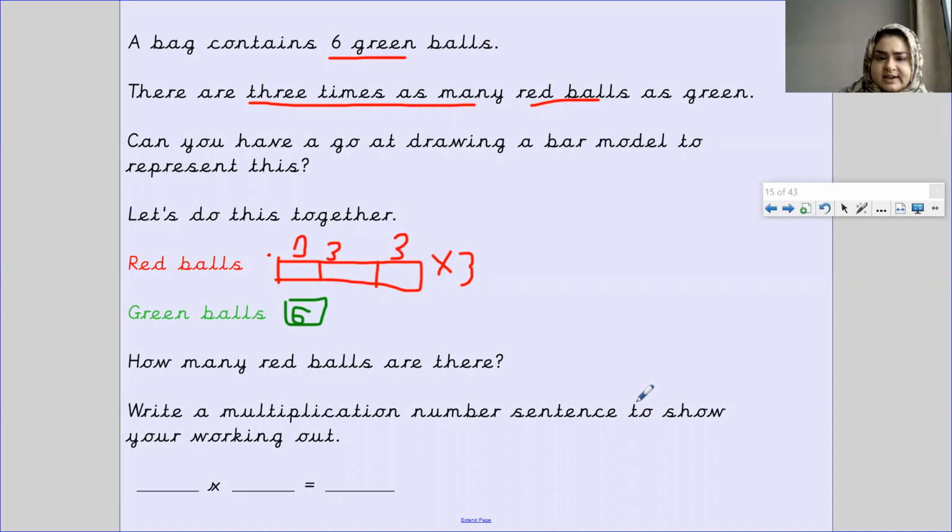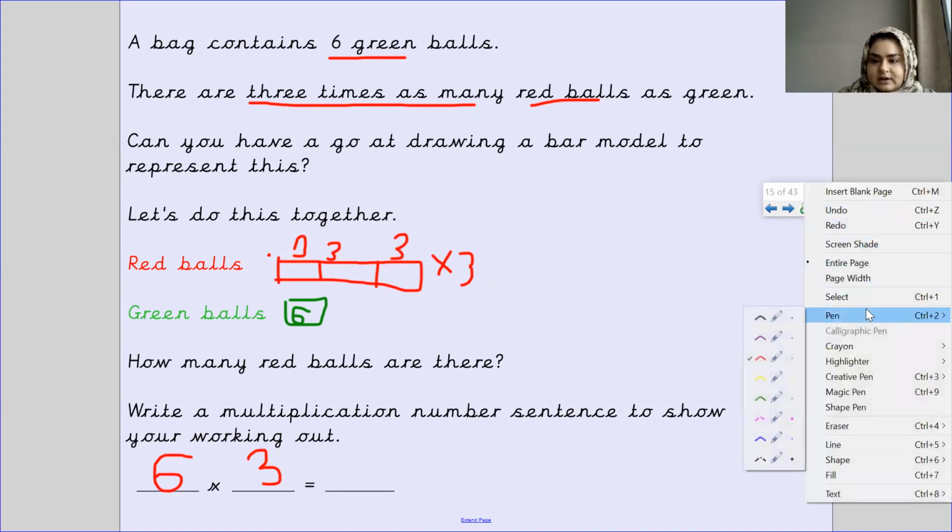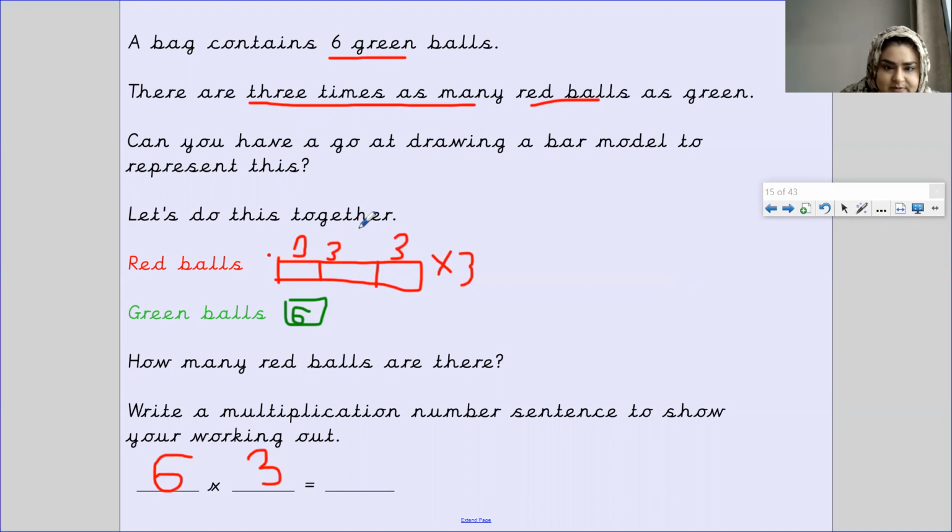Fantastic. So now, how many red balls are there? Now, write a multiplication number sentence to show your working out. So I know there were 6 green balls and there were 3 times as many. Okay? Sorry, year 3, I've made a mistake at the top there. That should actually be 6, 6, 6.